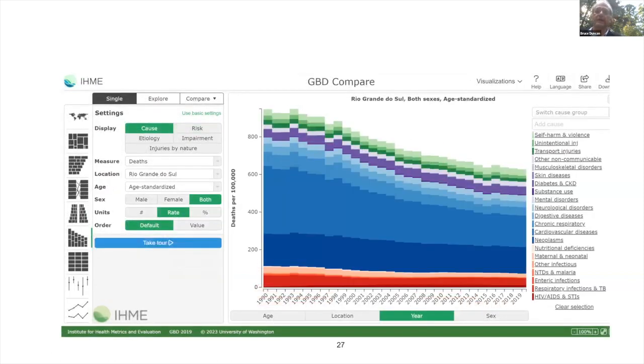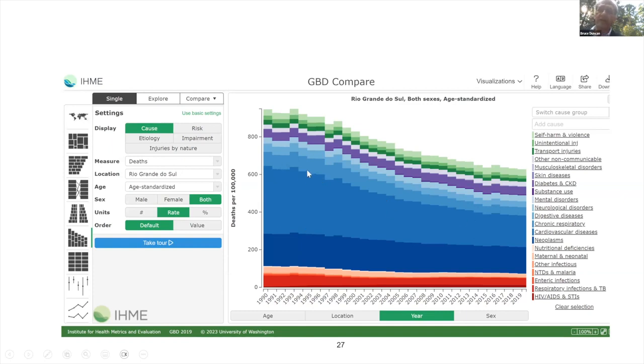And you can see trends. Here we're looking at changes over years, going from 1990 to 2019. This is not for Brazil. This is for Rio Grande do Sul, my state. You can see that over time, the deaths have decreased. Types of deaths are shown here. Each of these colors represents a group of deaths.